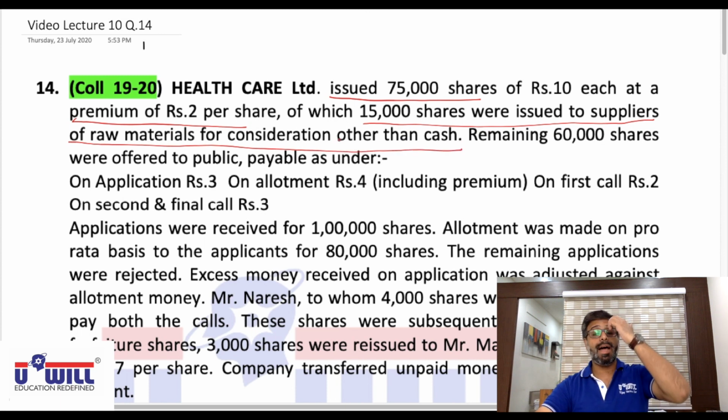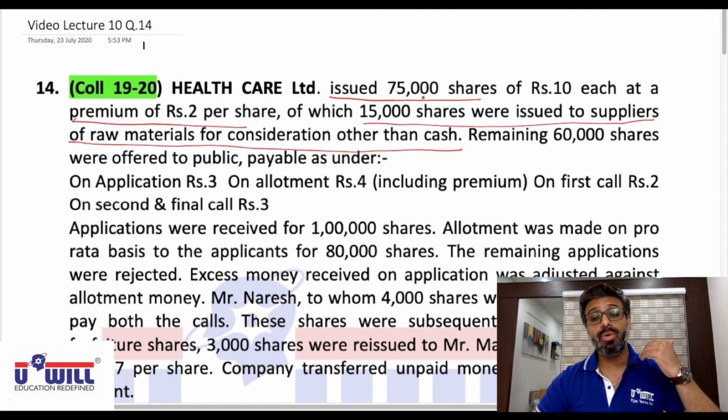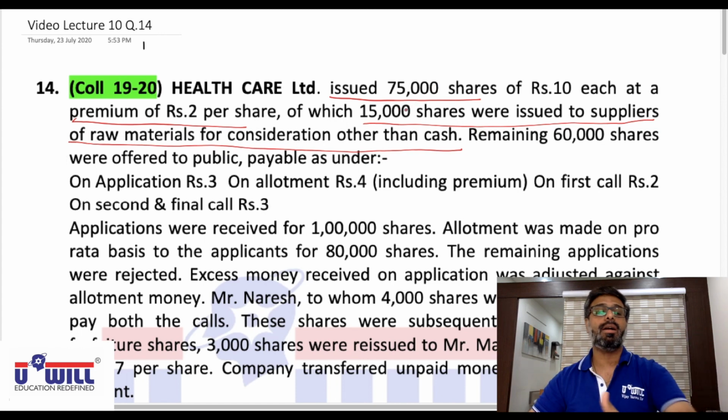Now supplier of raw materials means these raw materials are goods for the business. Okay, raw materials are goods for the business. So for this the entry will be goods comes in, debit what comes in, purchase account debit. And as we have done earlier also, combined entry will be passed. So here shares goes out, credit what goes out directly to equity share capital account.